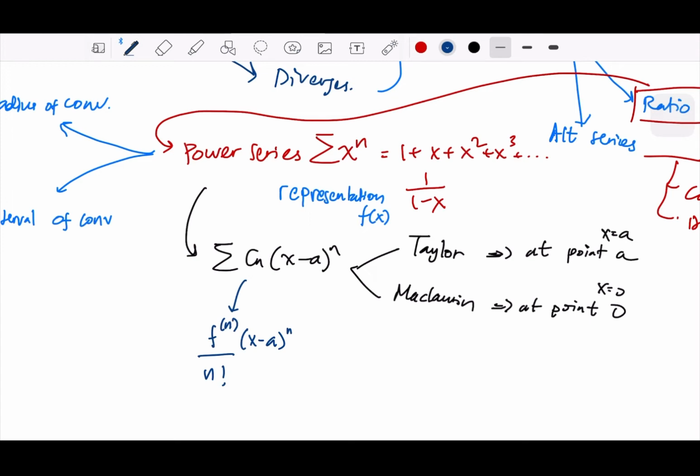Try to make it on your paper. You try the first derivative, second derivative, third derivative, and then you put all the results and their coefficients inside the expansion. So try to develop some essential functions.